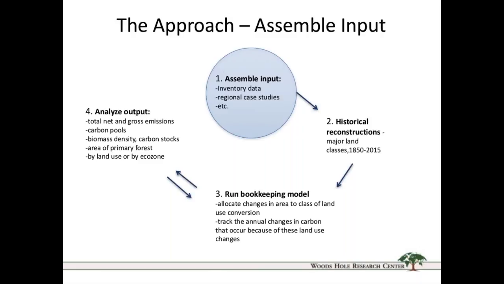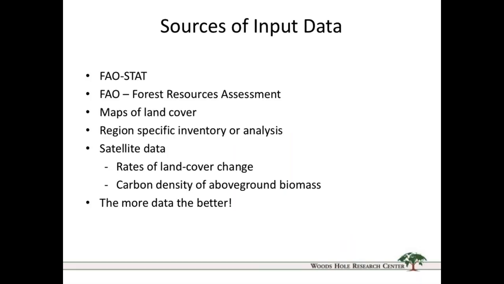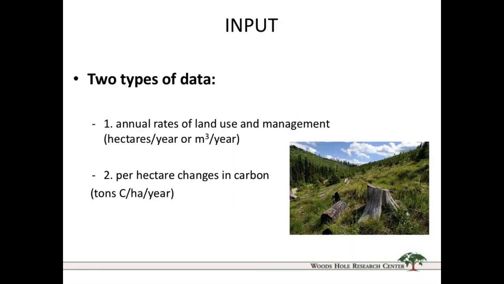And then, the simplest way, just two types of data, two types of information. Number one, think of it as activity data. It's the annual rates of land use change and management. It's hectares per year of, let's say, forest conversion to agriculture, or it's cubic meters of wood harvested per year.